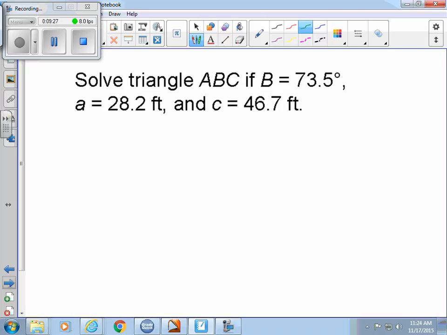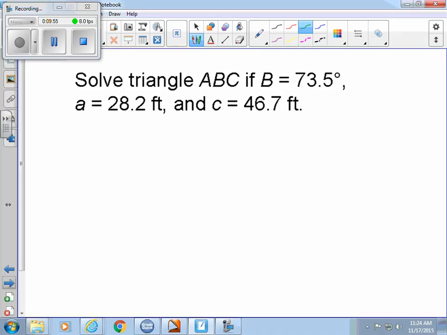So this is another one, very similar. It does say solve the triangle, so it does want to find all of the sides and angles in the triangle. You can draw a triangle if you wish, but you don't have to. You can just use the formula from there.